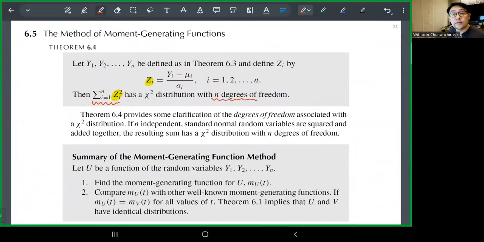Cool? All right, so I hope by showing you this method of moment generating functions, I think it's kind of nice and tidy in the sense that the MGF is very compact, easy to use, and it's unique, one-to-one to the distribution function. Now you can utilize this as a tool to determine what type of distribution it is, using that uniqueness theorem.